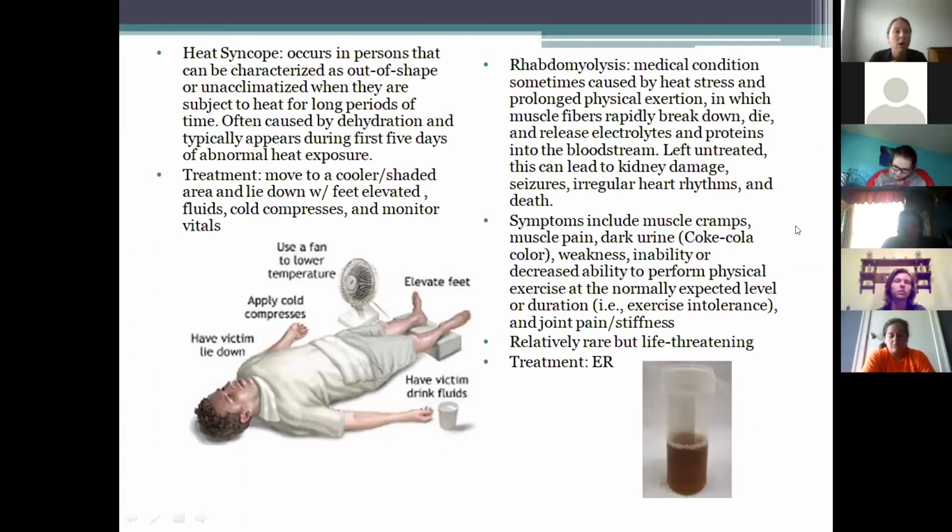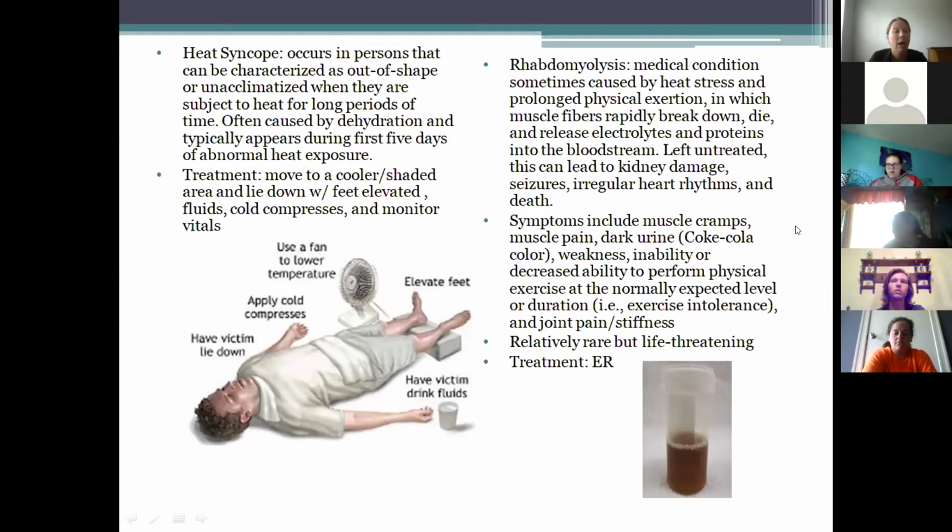We also want to provide them fluids, okay? Again, water, sports drink, clear juice. We can apply cold compresses or ice bags, again, to those key areas: behind the neck, armpits, behind the knees, the groin. And as well, we want to be monitoring their vitals and their overall state.